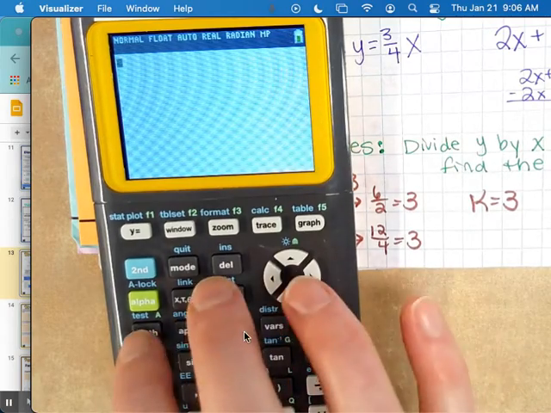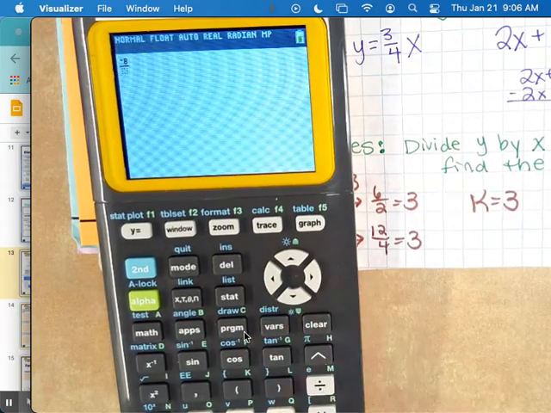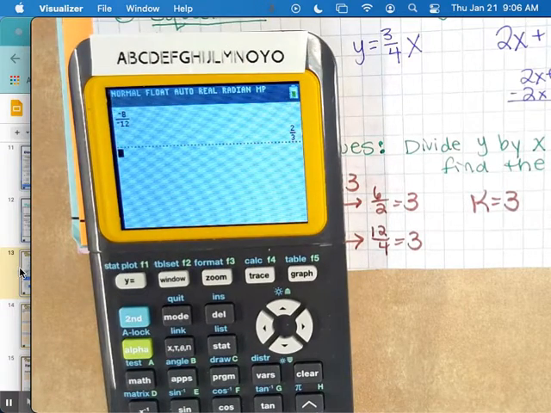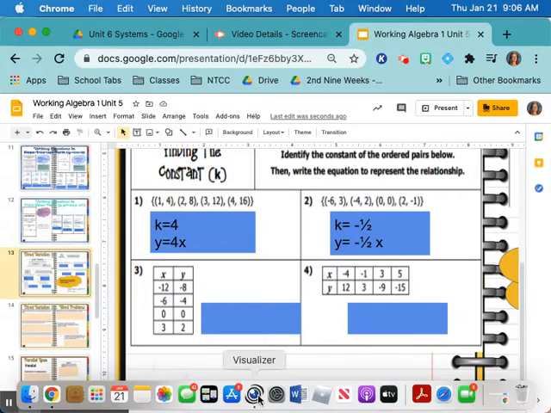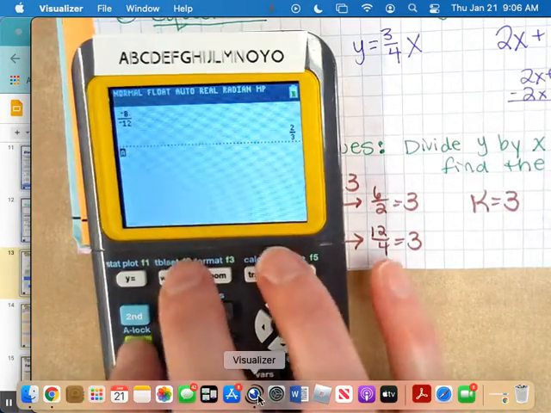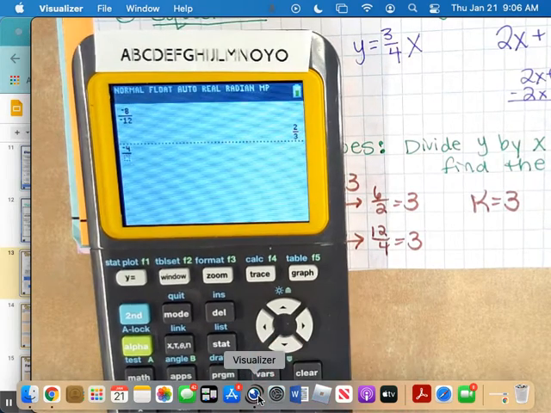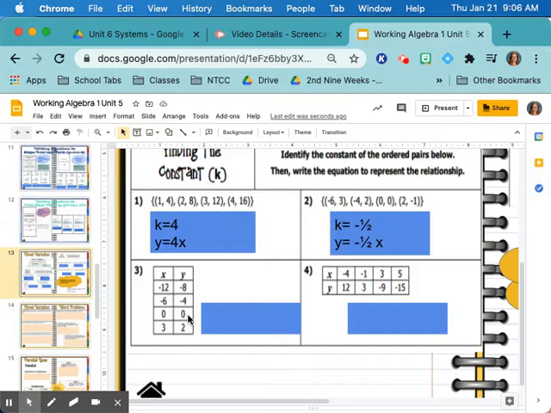So that gives 2/3. So if I divide the first pair, I get positive 2/3. What about the next one? I get positive 2/3. Negative 4 divided by negative 6 is positive 2/3.